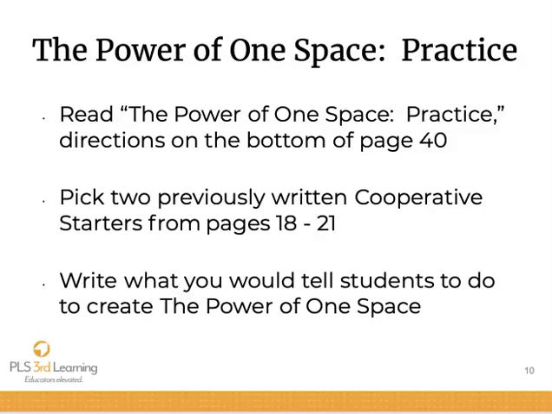Would you have them meet standing up? Would you have them sit together on the floor? Would you have them sit in a circle? Write the directions in the way you would actually speak to your students. Please go to Canvas, Module, Section 2, Part 1, The Power of One Space, Practice Discussion Area to share your directions.